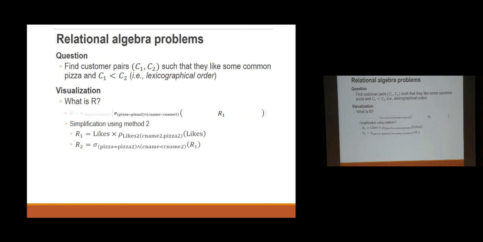So that's what you get. Okay? Then you can rename them as R2. And then you look at the one outside, this will be your answer. Your answer will be just the projection on R2. Right? So if you feel like it's too complicated, you can break it down into smaller steps. So yeah, that's basically how you can break it down.